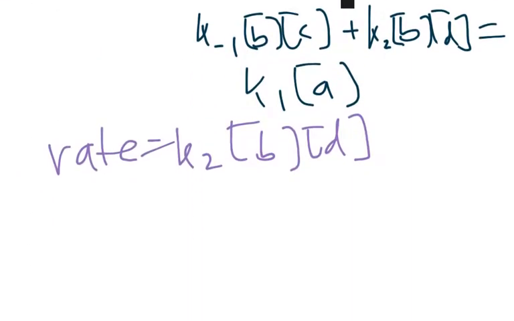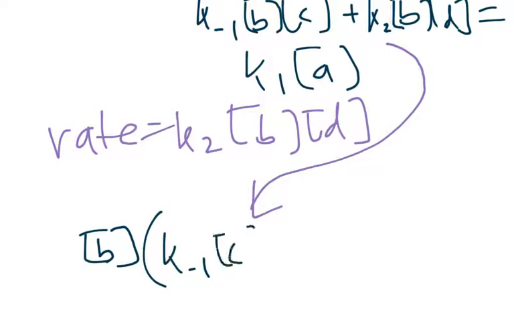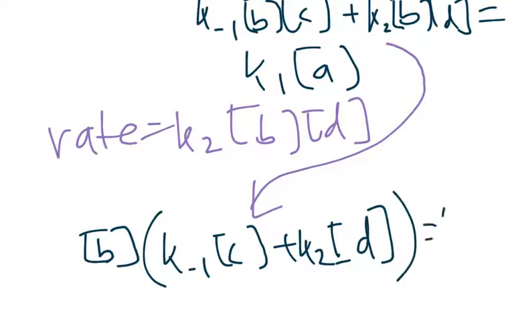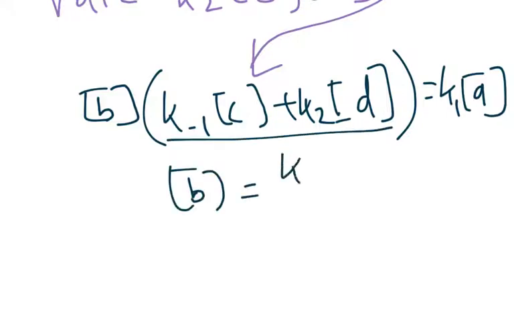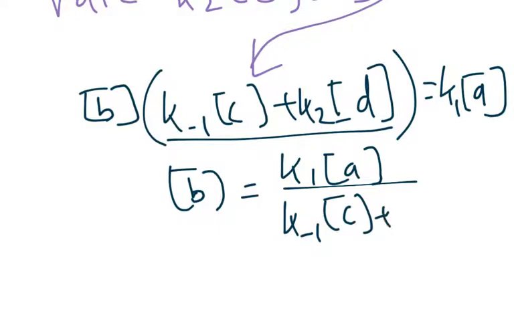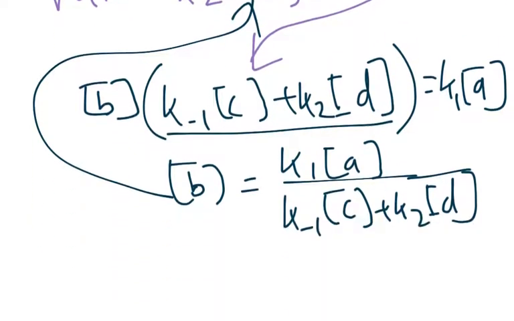So let's try to substitute B. How do we do that? Well, we can factor this part and move it down here. So we get that the concentration of B times K-1 times the concentration of C plus K2 times the concentration of D is equal to K1 times the concentration of A, and dividing both sides by this, we get the concentration of B is equal to K1 times the concentration of A over K-1 times C plus K2 times D. Now we can simply shove this into here and do some substitution to get our rate.